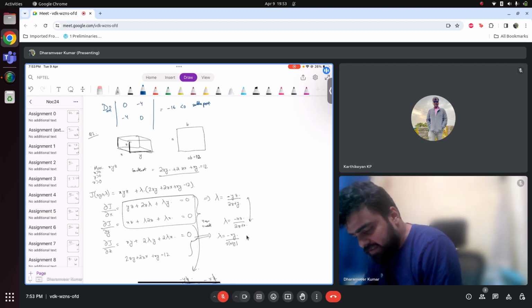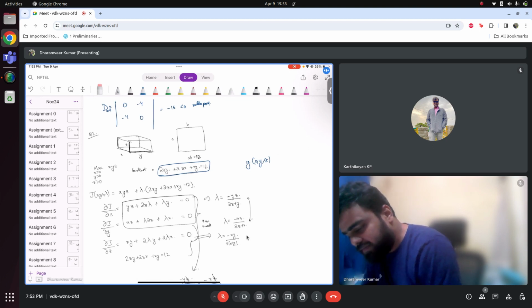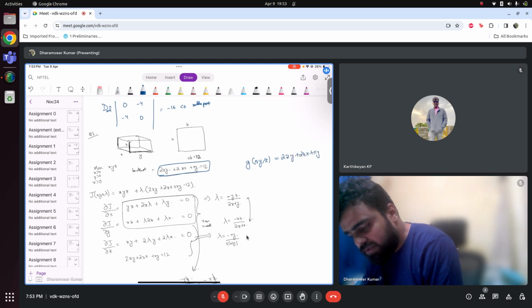There was this constraint, g of x, y, z basically minus 12. So this is nothing but 2zy plus 2zx plus xy minus 12.